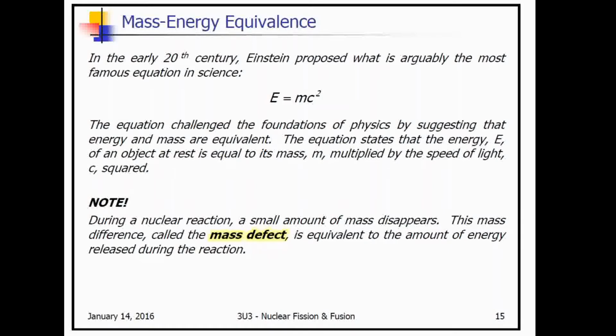What it actually means is, in a nuclear reaction, we'll find there's a loss of mass. That loss of mass is referred to as the mass defect. That mass defect plugged into this equation is equal to the energy that's given off by the reaction.